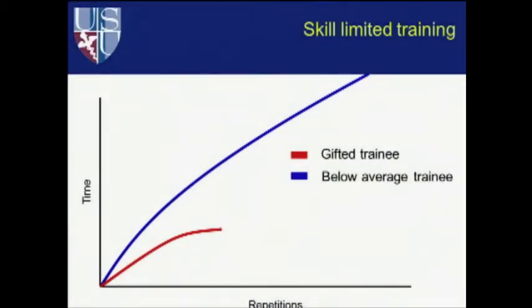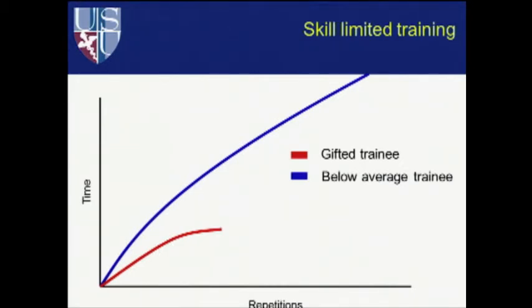Okay. So then what you would see for a skill limited or a proficiency-based curriculum would be something like this, where you're controlling for skill, so your two variables are how long do they take and how many repetitions do they do. So what you find here is that your gifted trainees get it done quicker with fewer repetitions. Your less gifted trainees spend more time and more repetitions, but they all basically reach the same goal.